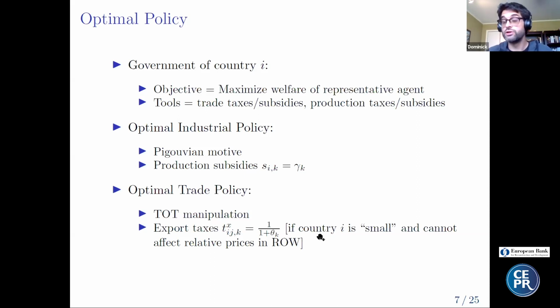And if the country is small in the rest of the world and can't affect relative prices, then the export taxes are going to take a particularly simple form. They're just going to be given by 1 over 1 plus the trade elasticity. So, standard formula. The lower the trade elasticity, the less elastic demand for your good, the more you want to restrict output.